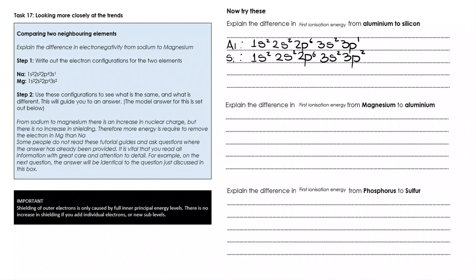So aluminium and silicon end in 3p1 and 3p2 respectively. Now that means that we've got no difference in shielding, and we have got an increase in nuclear charge from aluminium to silicon. There's one more proton. So actually, the difference, we know it goes up from the graph. There's an increased nuclear charge, but there's no increase in shielding. The same as the explanation for the general trend.